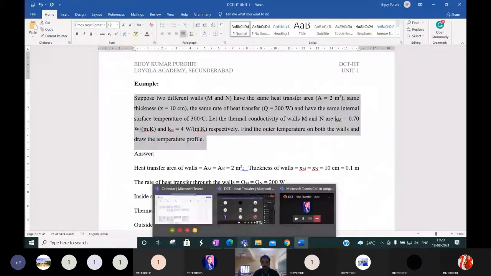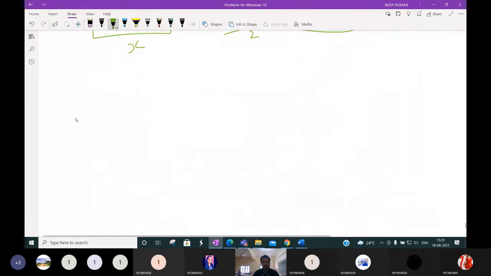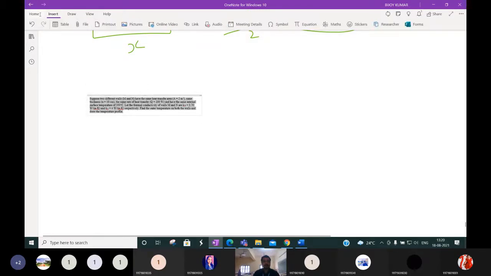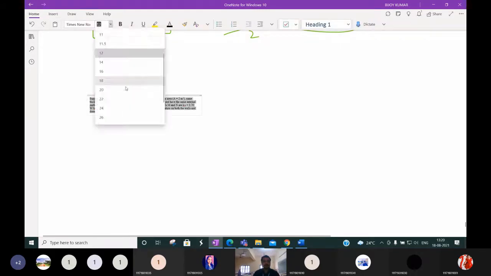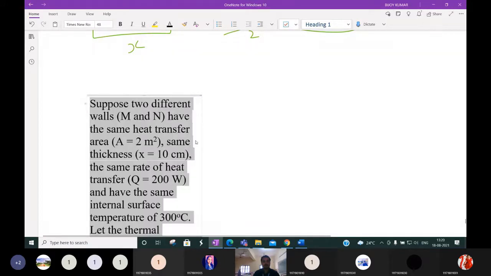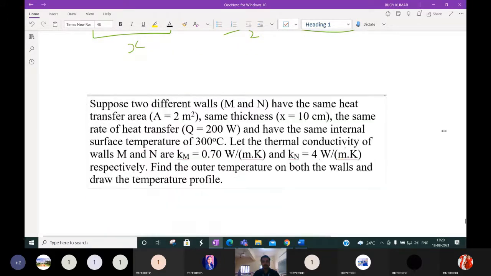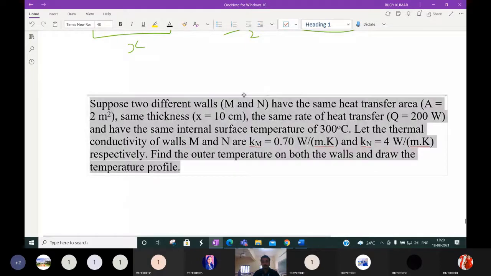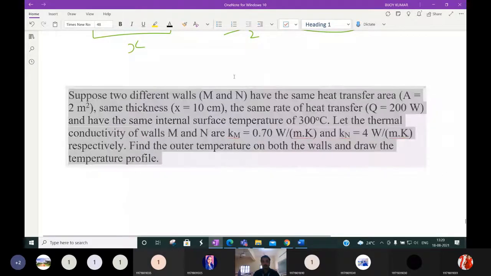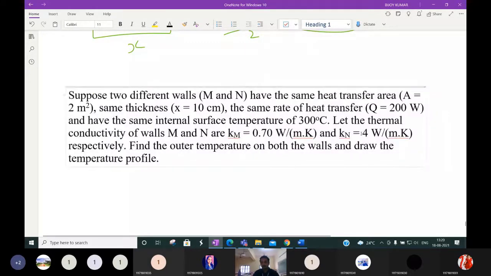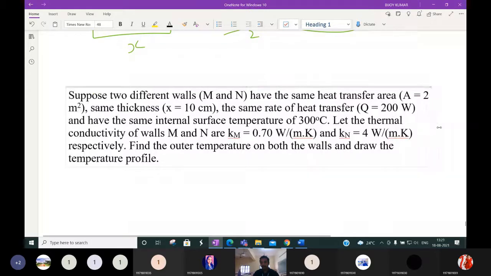This is another most important problem. This type of problem we already solved, but again I am solving it with a little bit of a twist.